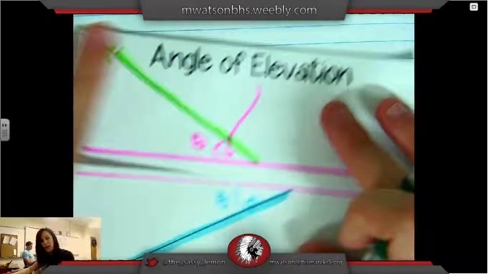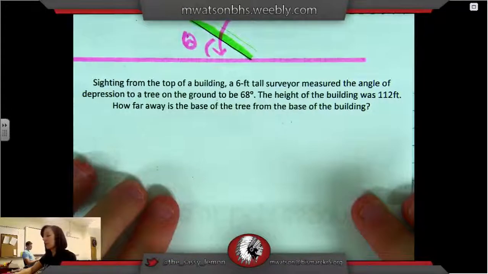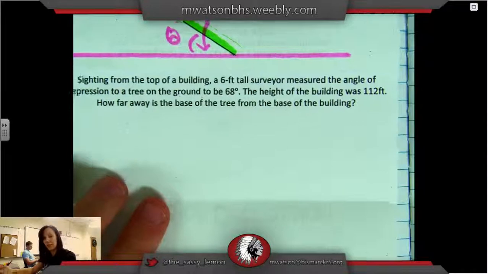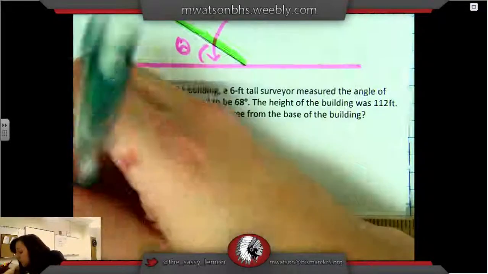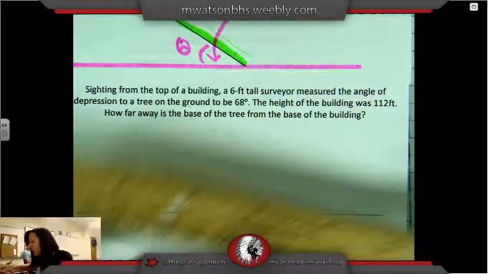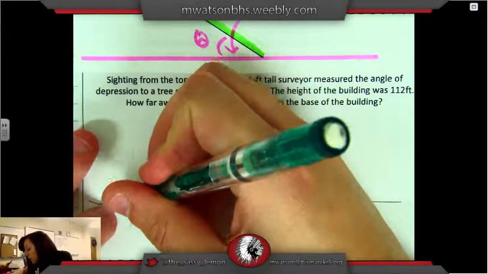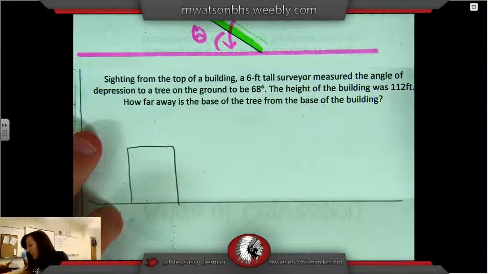That wasn't too bad. Now let's try an angle of depression. This one looks a little bit longer. So, sighting from the top of a building. We're going to need some ground again and a building. Here's my ground, perfectly flat, and here's my building. On top of the building, a 6-foot tall surveyor.